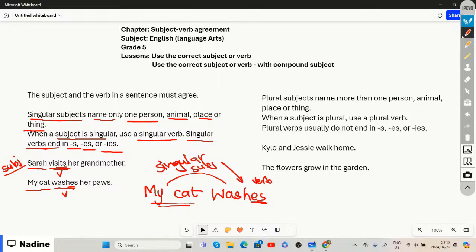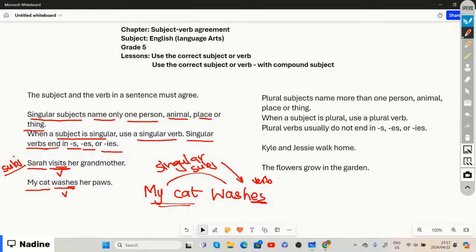So yes, my cat is singular, and washes is a singular verb, right? If our subject is singular, then our verb is going to end with an s, es, or ies.